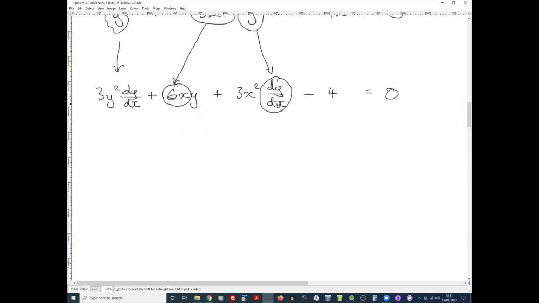I'll leave the dy by dx terms on the left-hand side and take the other terms to the other side. Then you'd get 4 minus 6xy on the other side. Indeed, yes.